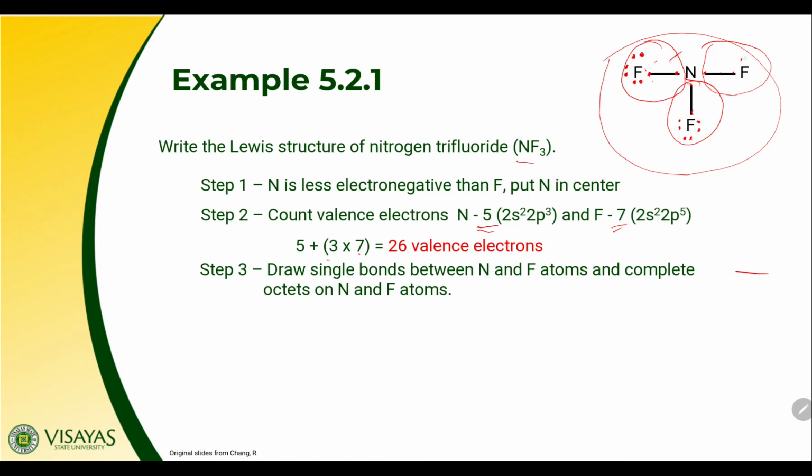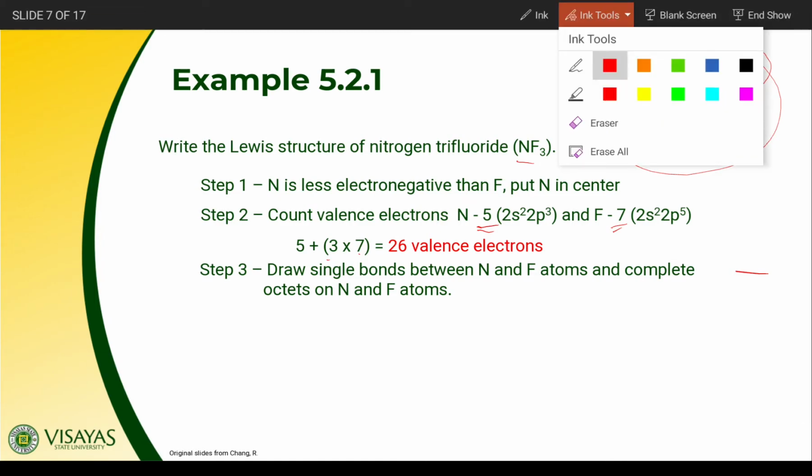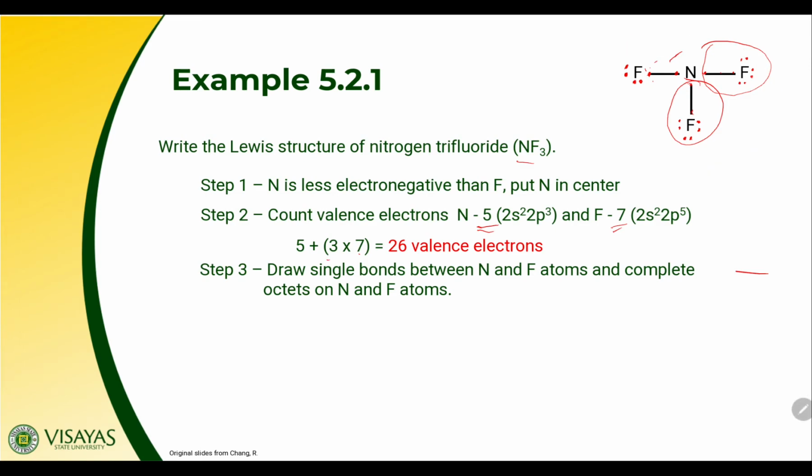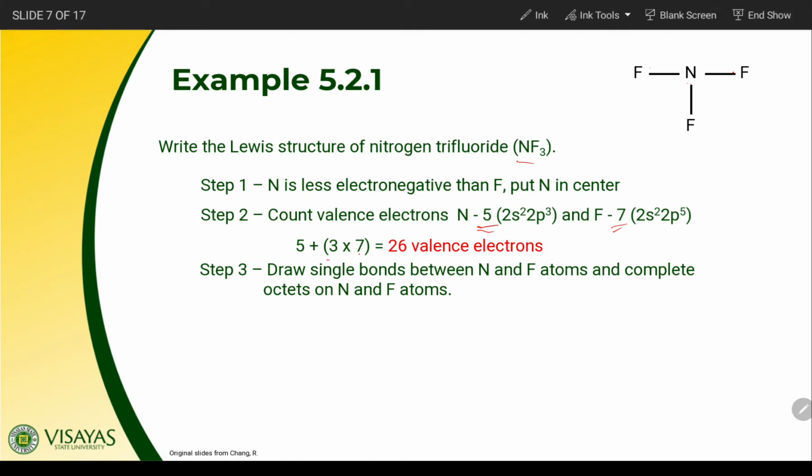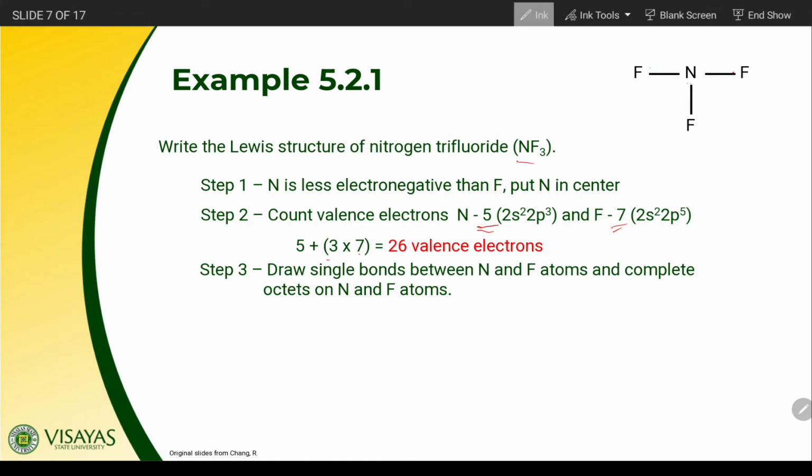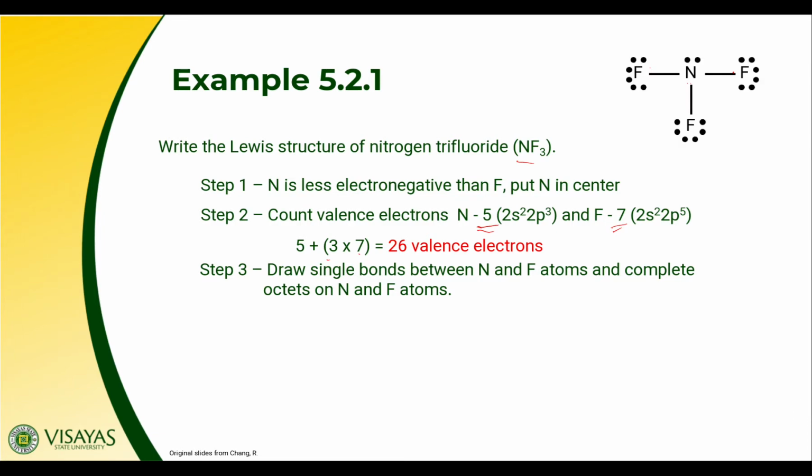Then we have to add 3 lone pairs, or 6 electrons, to complete the octet. So that is now our structure after drawing single bonds and completing the octets on nitrogen and fluorine atoms.